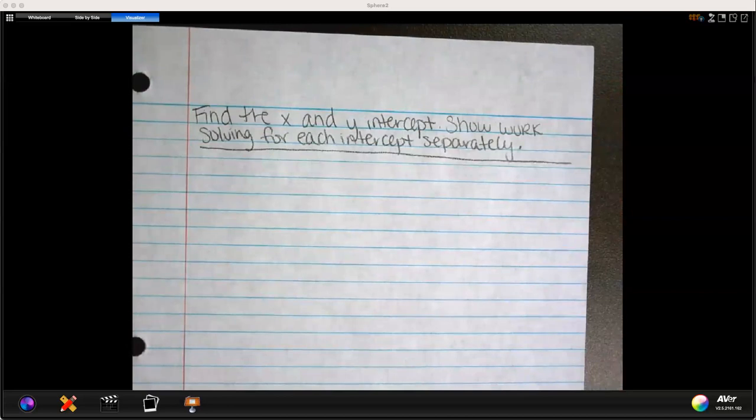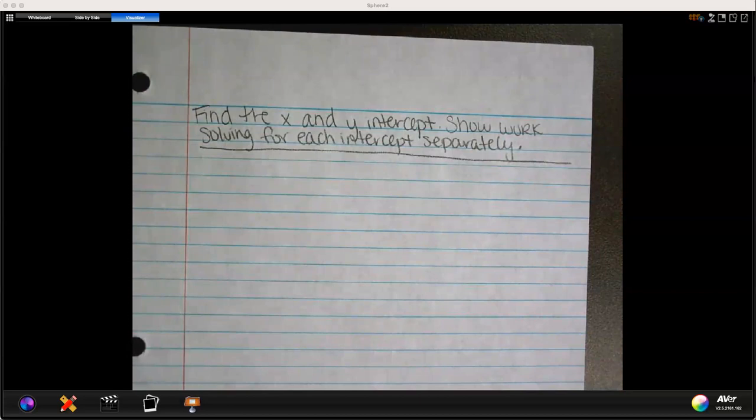Specifically you need to show the work for solving each intercept separately, which obviously we will go through right now.